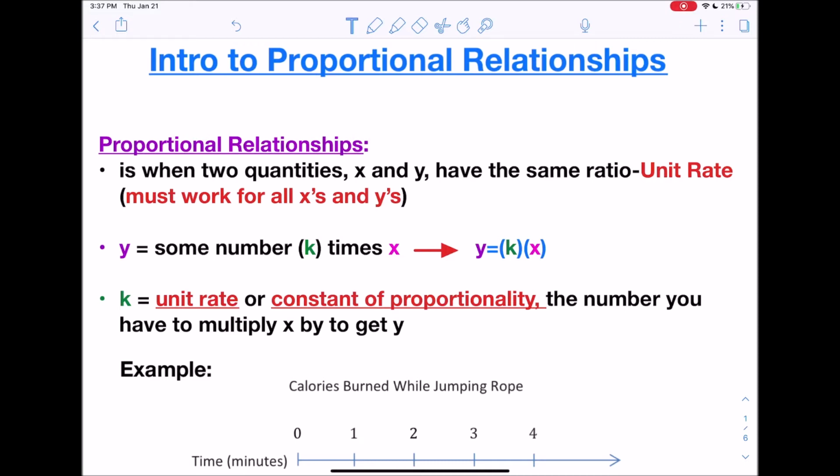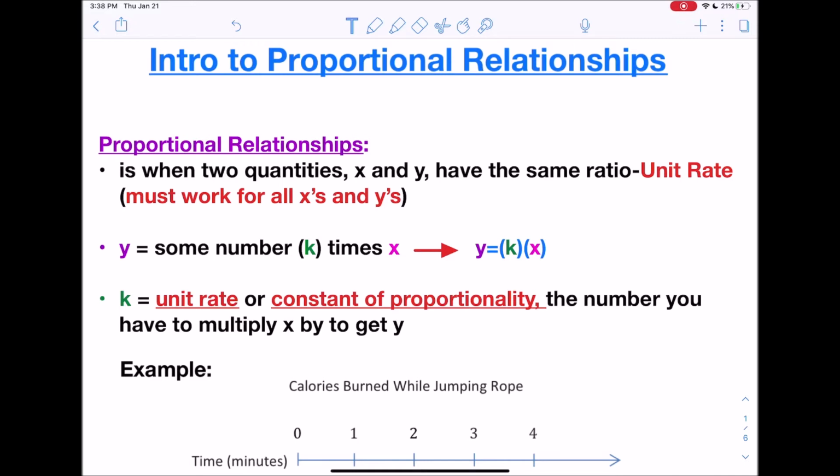Now, in our previous video, we were introduced to the concept of a unit rate, a ratio between your x and y units. For proportional relationships, that means when you have your x and y, if there is a constant ratio that stays the same no matter what the x's and y's equal, then they are proportional to each other.